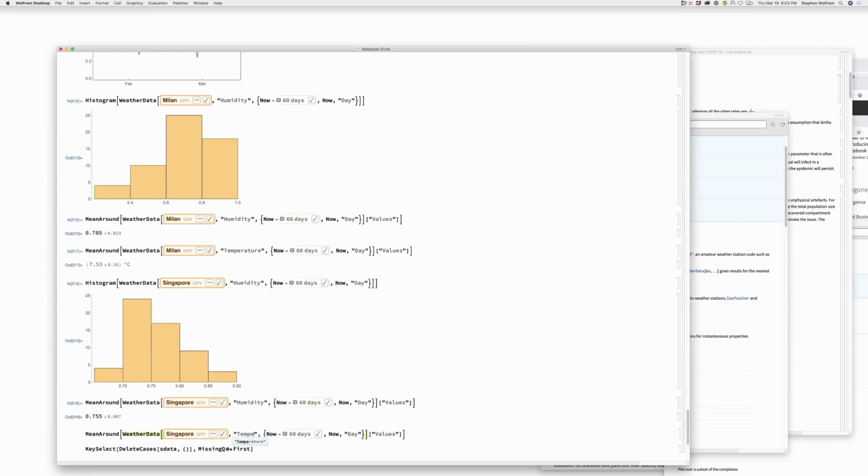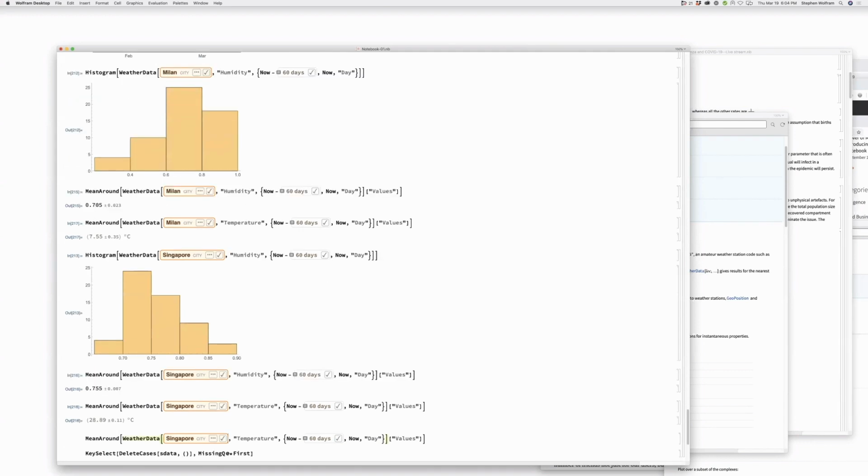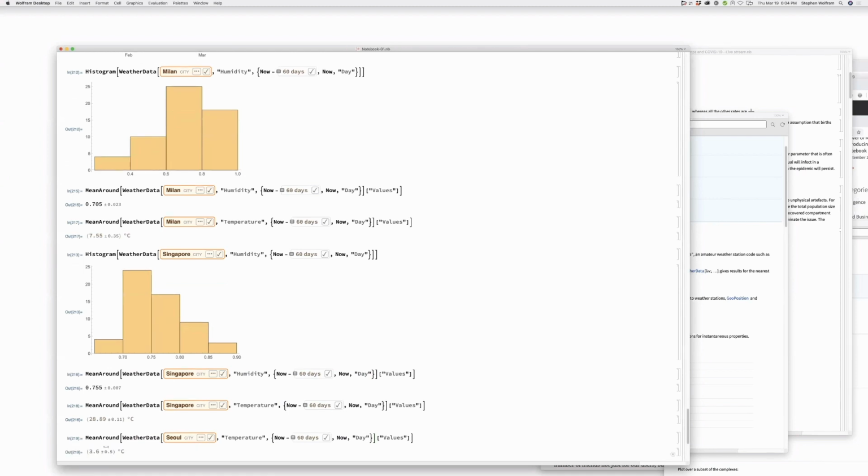Okay, and this one was 29 degrees centigrade. So that's a substantial difference. And if we did the same thing for Seoul, we already know the answer, 3.6 degrees centigrade. So that's not the story.